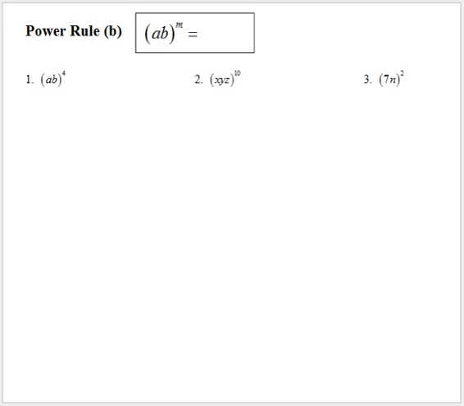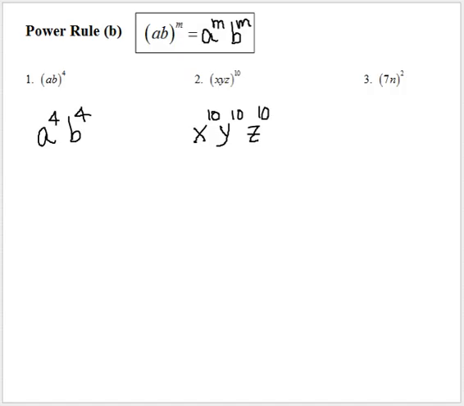This would be a to the power of m, b to the power of m. So the first one would be a to the power of 4, very good, b to the power of 4. How about the next one? That would be x to the power of 10, y to the power of 10, z to the power of 10, very good.